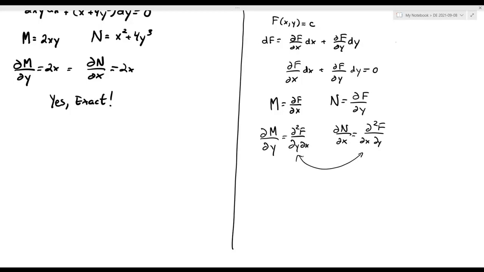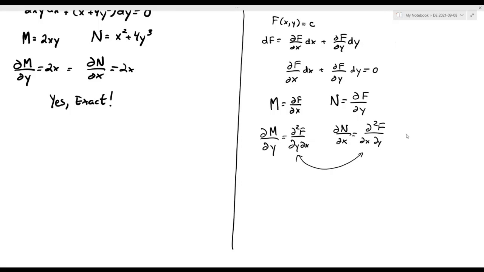If your function happens to be smooth enough, so if the second order derivatives exist and they're continuous, so we say F is C2, but that's neither here nor there, then we know that the mixed second order partial derivatives are equal.